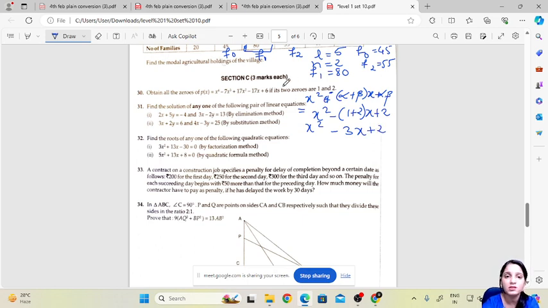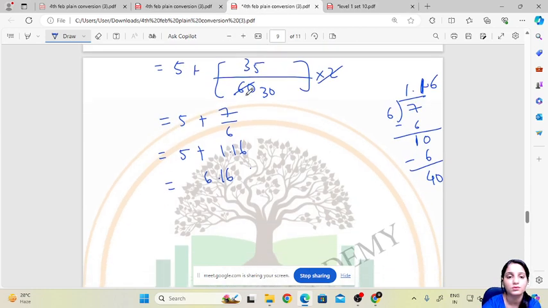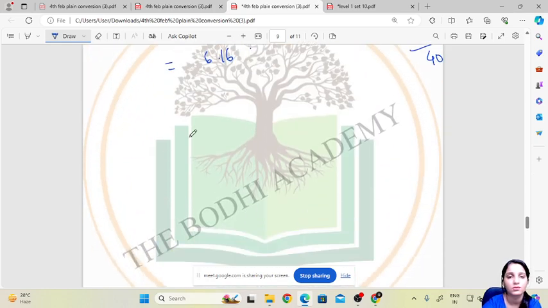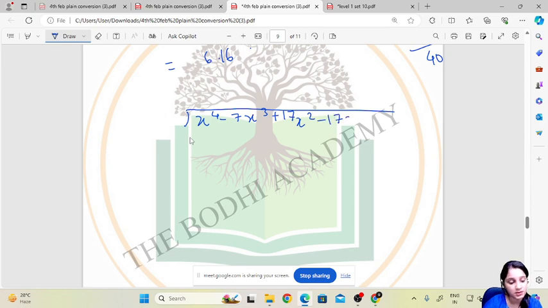So we will divide p(x) by this g(x), which we got. Here it is x raised to 4 minus 7x cube plus 17x square minus 17x plus 6 divided by x square minus 3x plus 2.